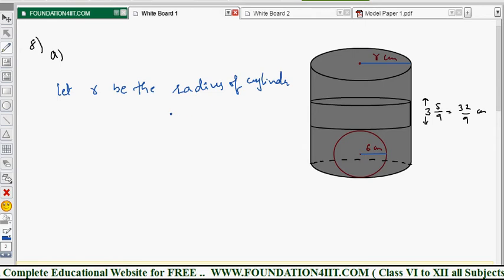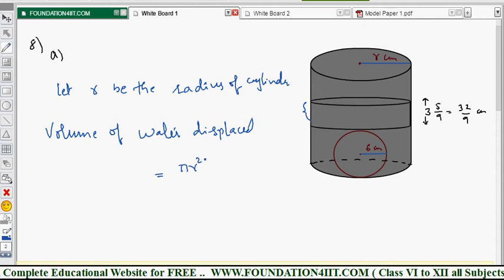Now the volume of the water displaced is nothing but the volume of the cylinder, but the height is 32/9 centimeters. This much only height is increased. So the volume of water displaced is pi r square h.